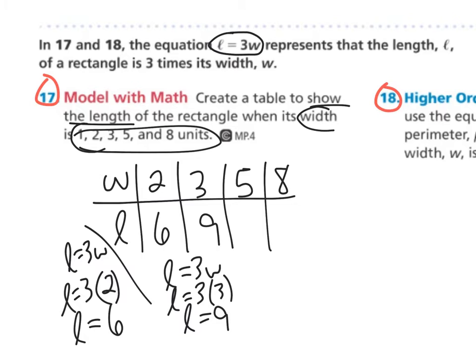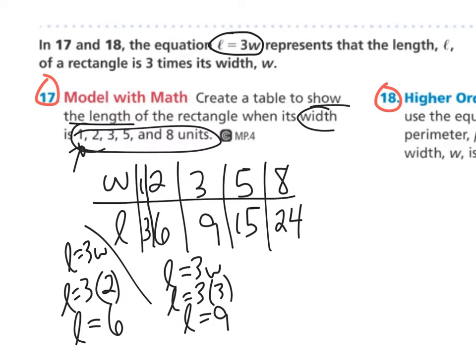I had it kind of marked off here so I didn't see it. There should be a 1 here at the beginning. Can't squeeze that in real great, but if you put a 1 in, that'd be 3 times 1, which would be 3. And then you guys get the idea. You could fill in the rest of these. Should be 15 and 24.